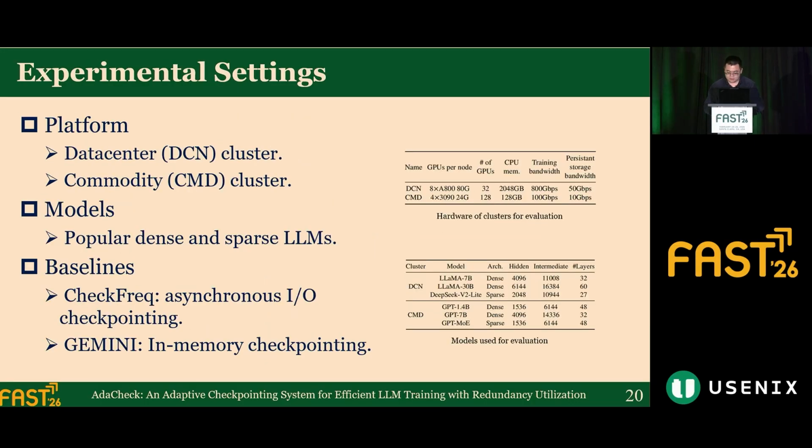In the experimental setup, we use both a data center GPU cluster and a commodity GPU cluster. We evaluate 6 state-of-the-art models covering both dense and sparse architectures. We select CheckFreq and Gemini as our baseline methods.